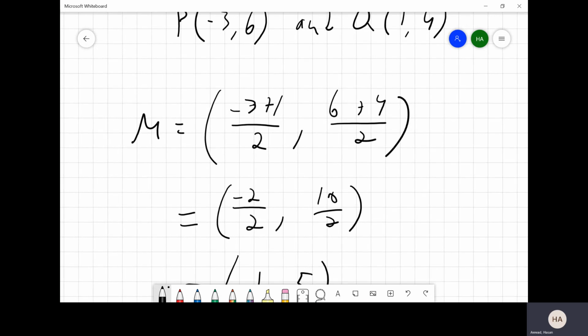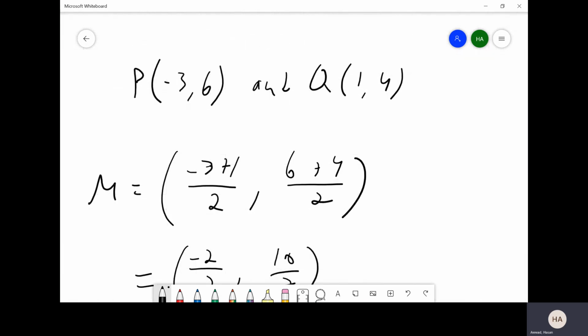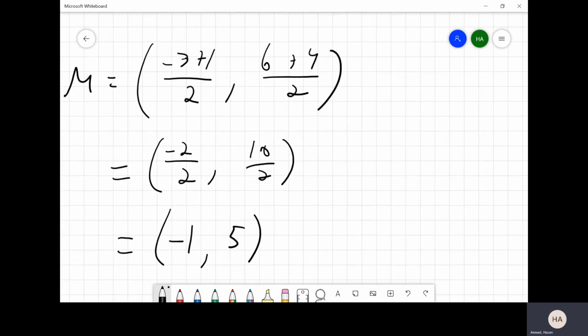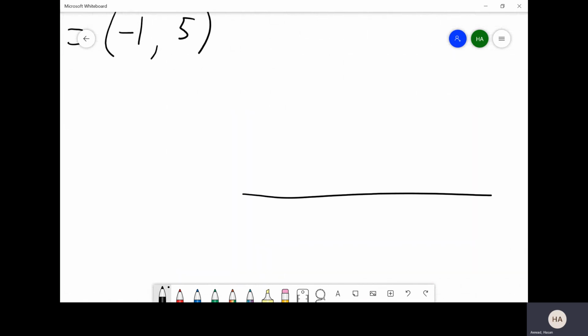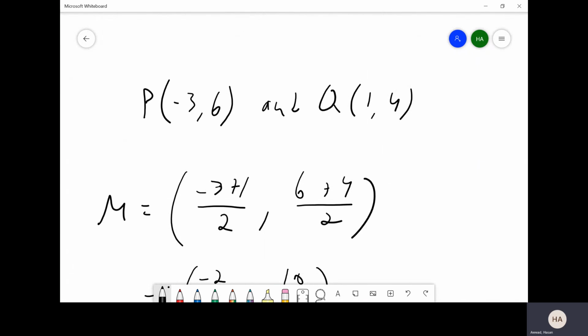And does this make sense for us to get -1? Well, sure, right? Let's only talk about the x component. If here's 0, then 1 is right here. Then we have -1, -2, -3, right? And our x component for P was -3. Our x component of Q was 1, right?